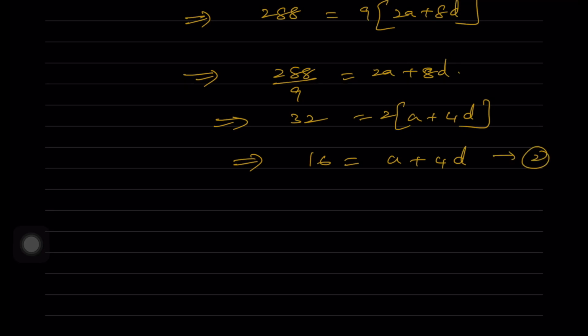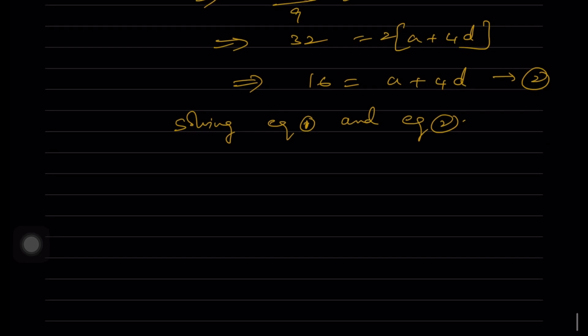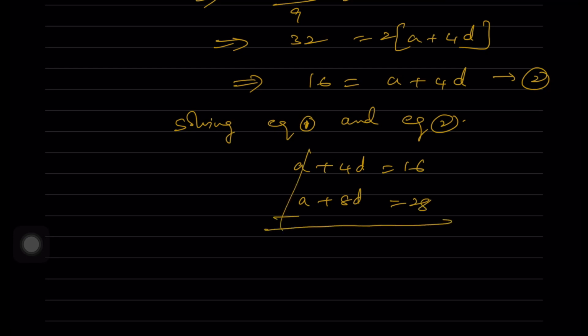Now we have to solve equation 1 and equation 2. Solving them, we will get the values of a and d. A plus 4d is equal to 16. A plus 8d is equal to 28. Now subtract.